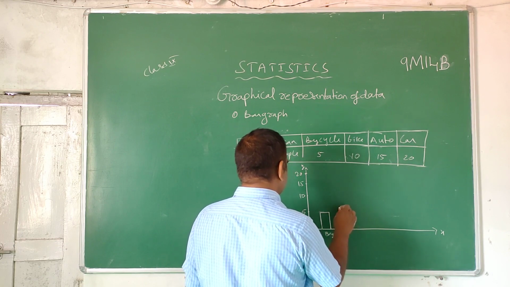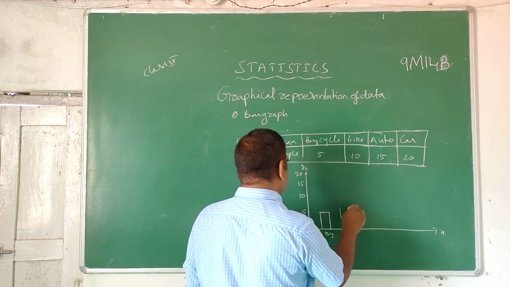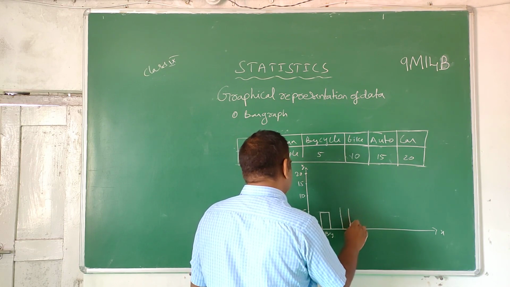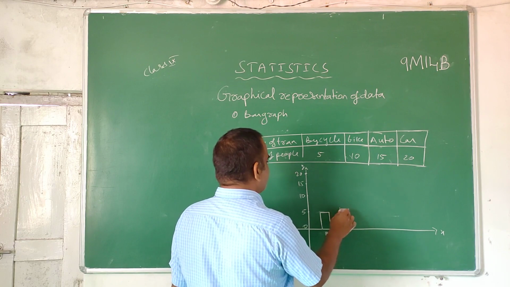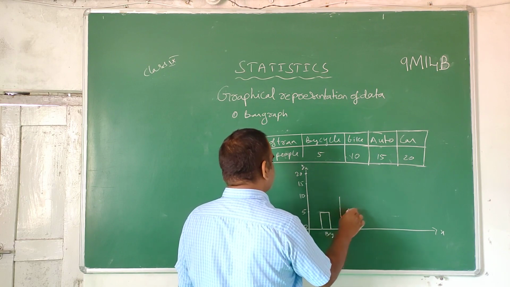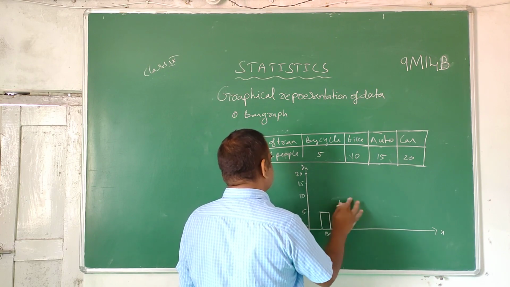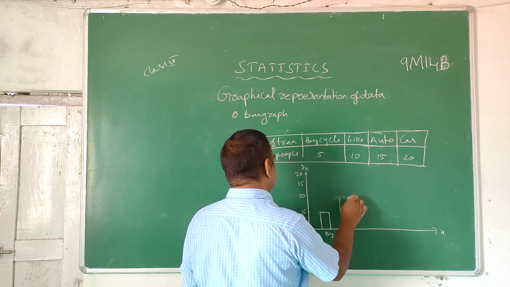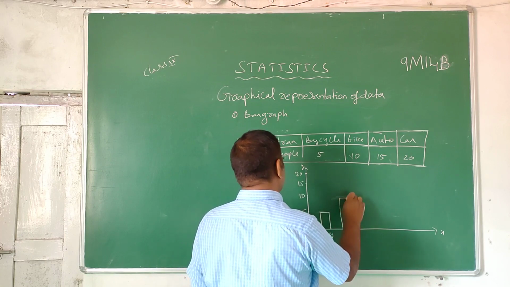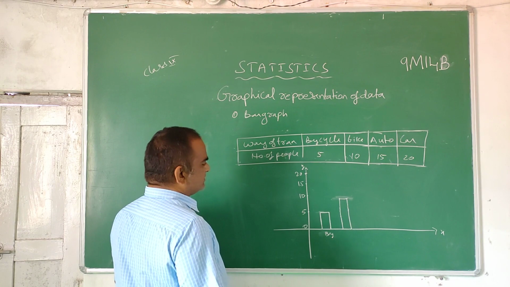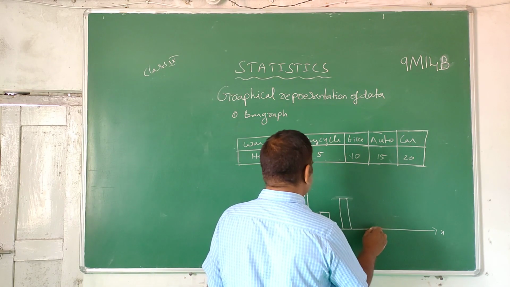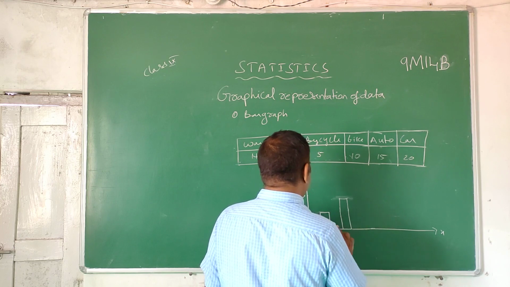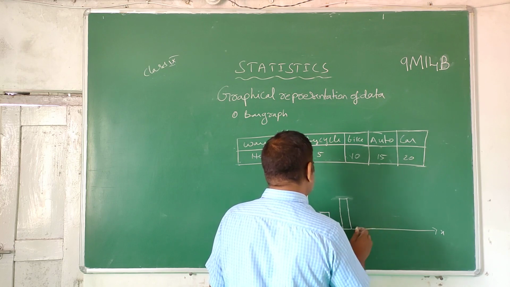Though it is approximately drawn, also maintain uniform width. Using bike 10 people are traveling, so that bar will come up to 10. Next, auto being used by 15, this gap also should be maintained constantly.